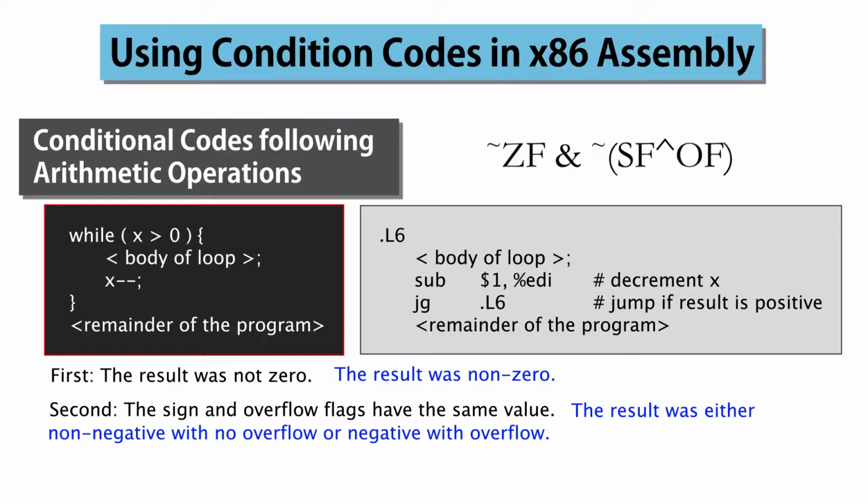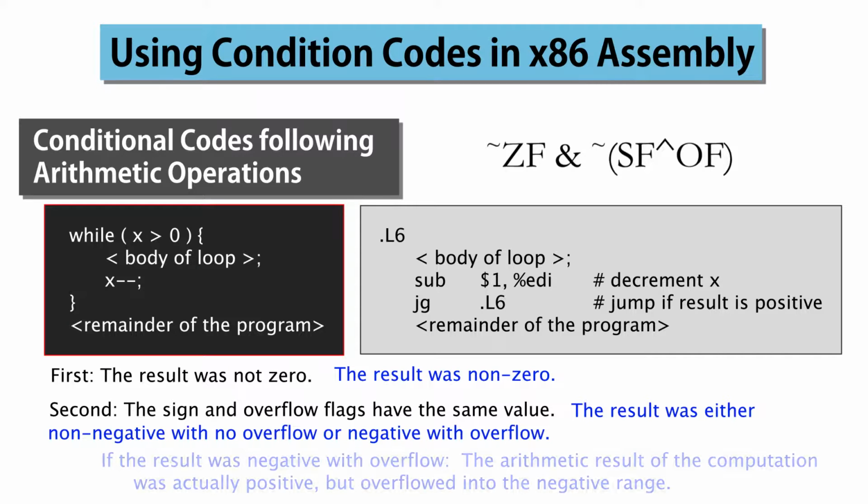The first part of that is straightforward. But why do we allow a result that is negative with overflow? Well, if the result was negative with overflow, that means that the arithmetic result of the computation was actually positive, but overflowed into the negative range. That's a case you might not have thought of, but ISA designers have to consider all such corner cases.